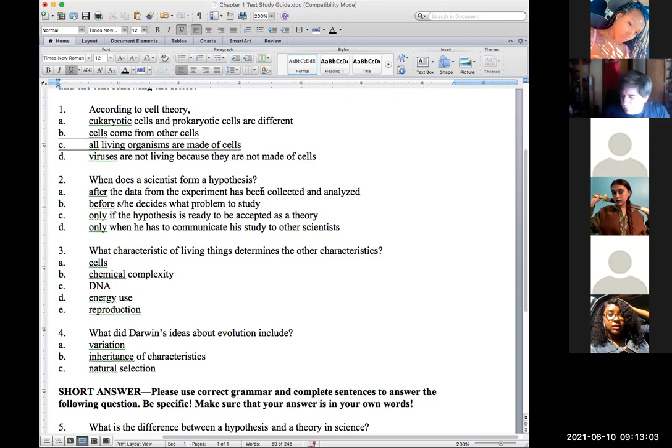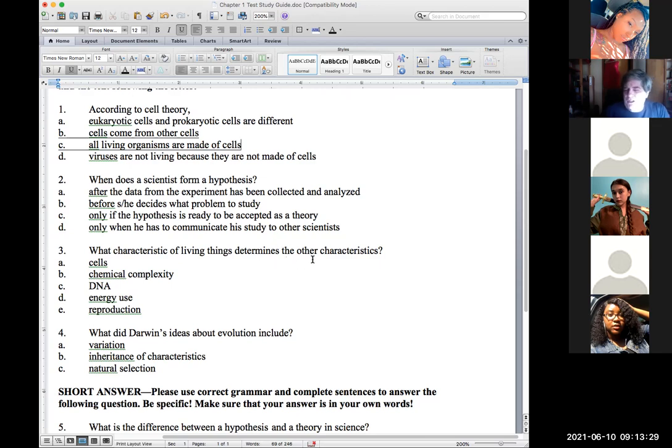First, you ask a question or define a problem. Next, you do some background research. And then the third step is you make a hypothesis. Then you test the hypothesis in an experiment. So really you do the hypothesis after you do the background research or before you do the experiment. So notice for number 2, there is no correct answer listed, so you wouldn't choose any answers.